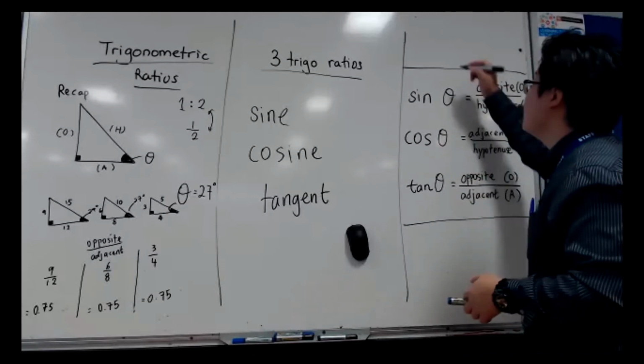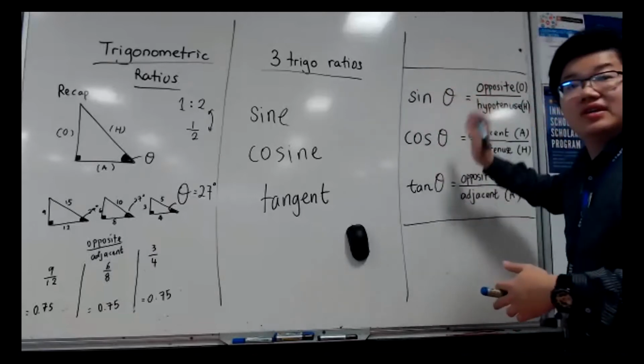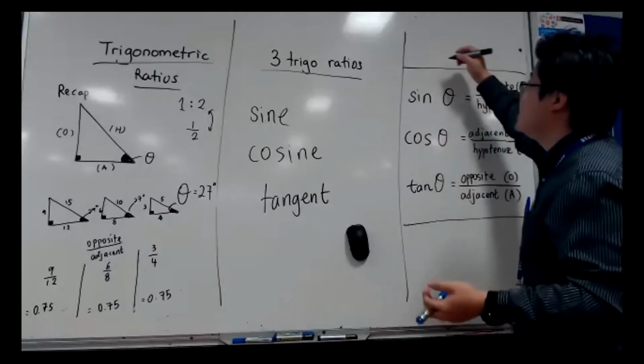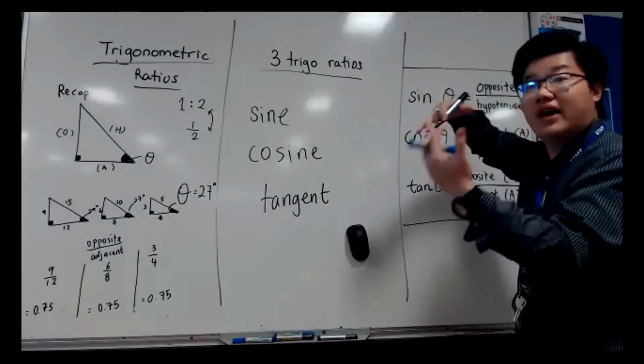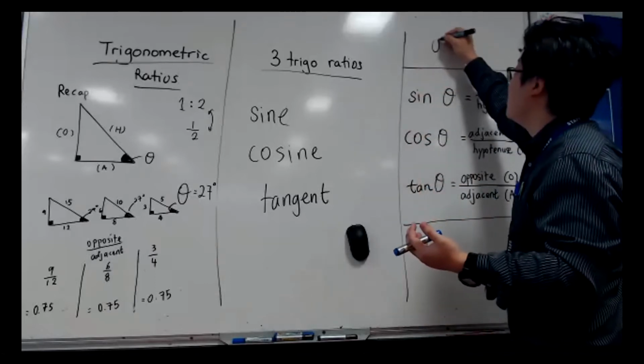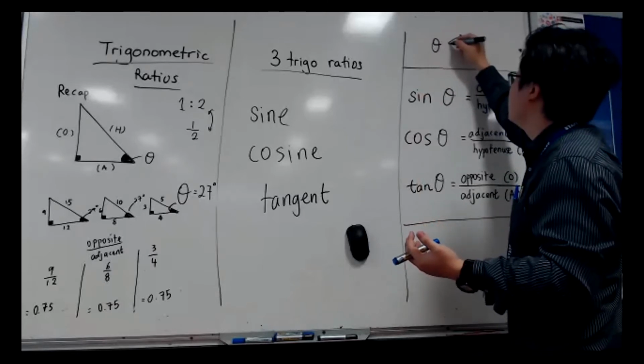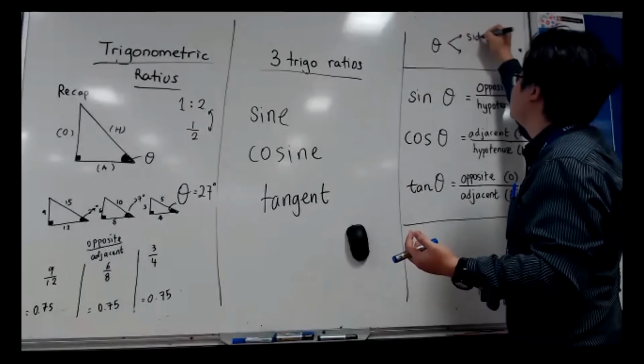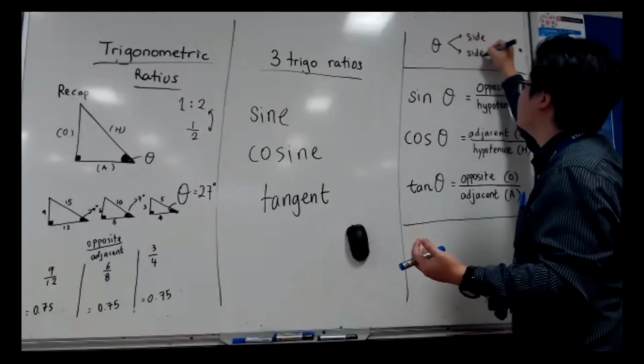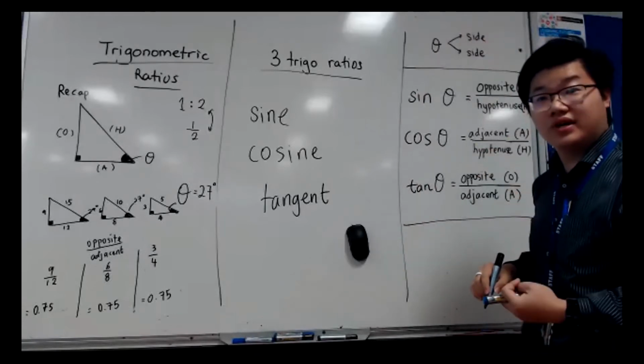Exactly. So what these ratios are trying to do is to connect or develop the relationship between one theta, one reference angle, with 2 sides. One side and another side.